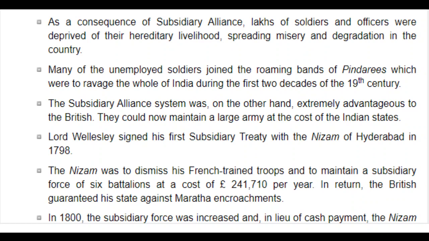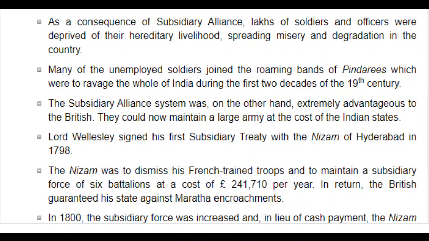It means whatever work they were doing from year to year, generation after generation, hereditary. Say if the soldier's father, mother or their ancestors were involved in some business or some work, they lost that because now they had joined the British army. So they were not allowed to do that.